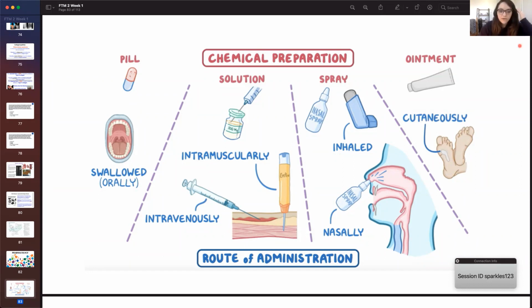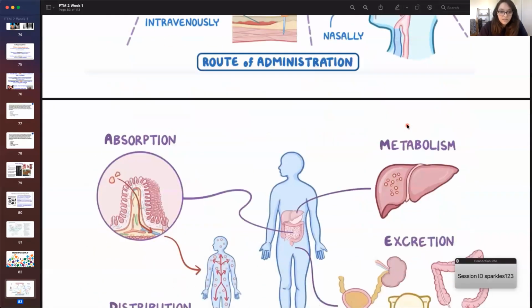All of these other forms of administration are going to have less bioavailability because either the liver processes it and you lose some of that drug through the first pass effect, or you're not getting it all into the blood in a timely manner. There's a bunch of different ways that it can decrease the potency or the efficacy of the drug, but pretty much you just want to compare everything to 100%, which is your IV infusion. Let's go to the next slide.